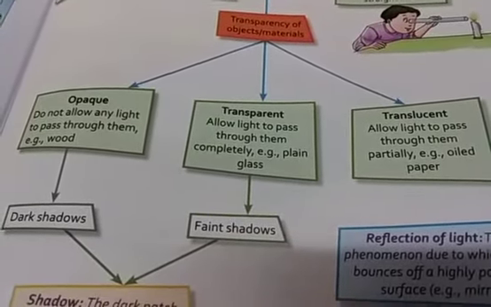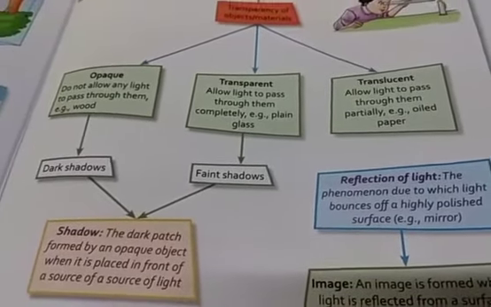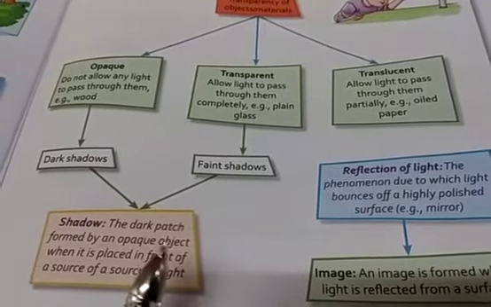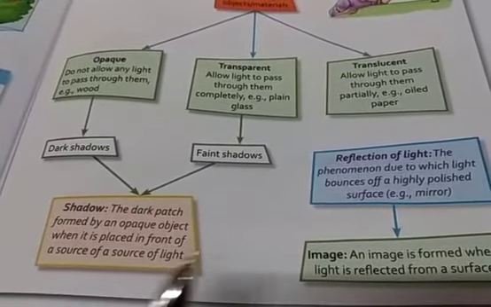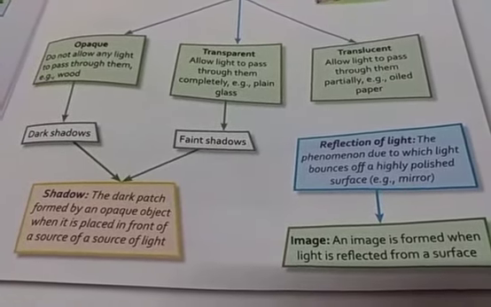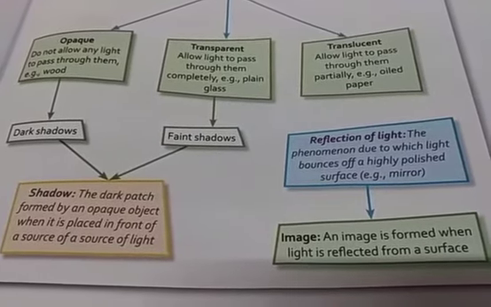Example, wood. Now what about the shadows formed here? From the opaque objects, dark shadows are formed. From the transparent objects, only faint shadows are formed. What is a shadow? The dark patch formed by an opaque object when it is placed in front of a source of light.